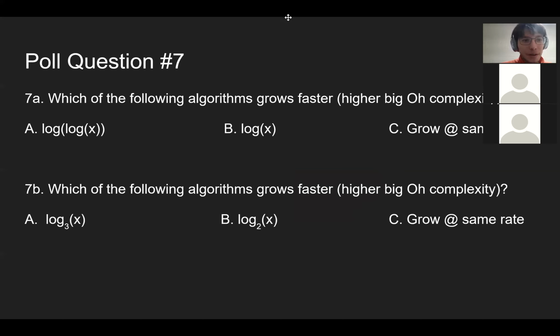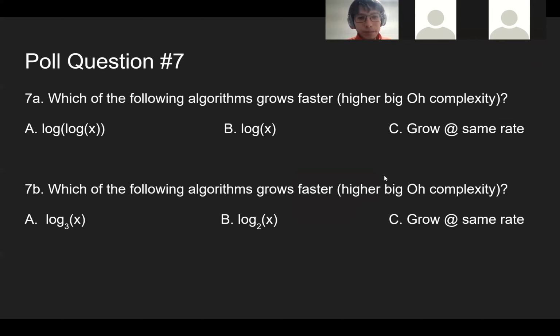Okay, question number 7. I guess I'll try and do both, and then we'll go over both answers at once. I'm not up to date on my logarithms, but I think the second one is the same time.